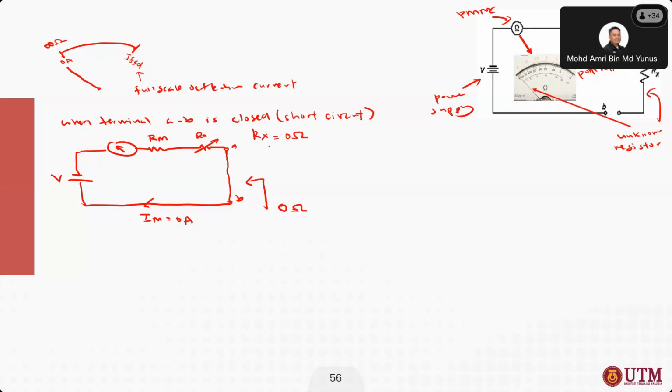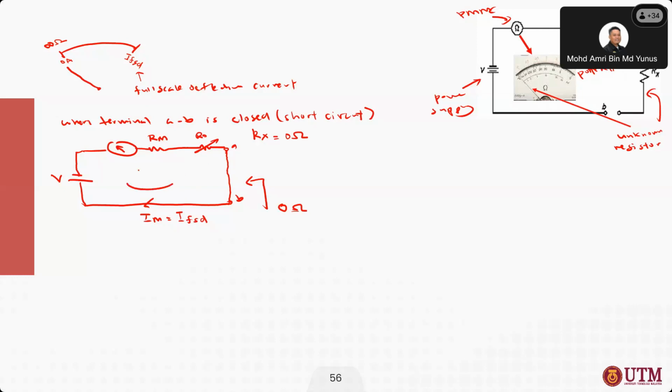There is no resistance between points A and B. But when it is short circuit, the current that flows through the galvanometer is equivalent to the IFSD, or the full scale current.